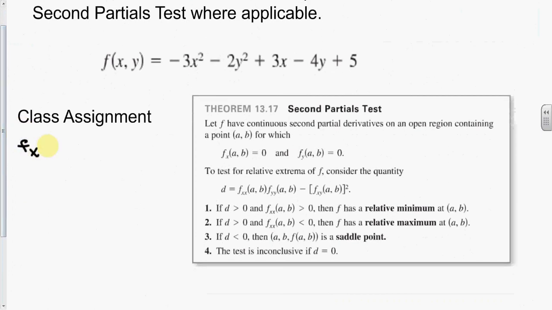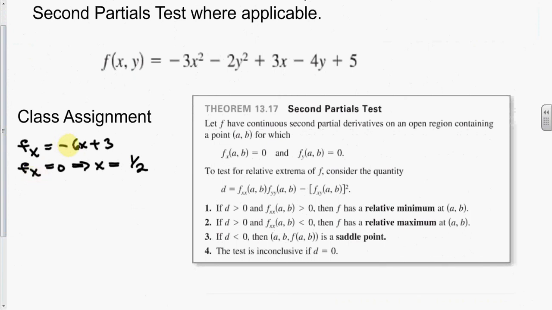Find the partial of f with respect to x: negative 6x plus 3. If you set this equal to 0, that implies x is equal to 1/2. Positive, right?